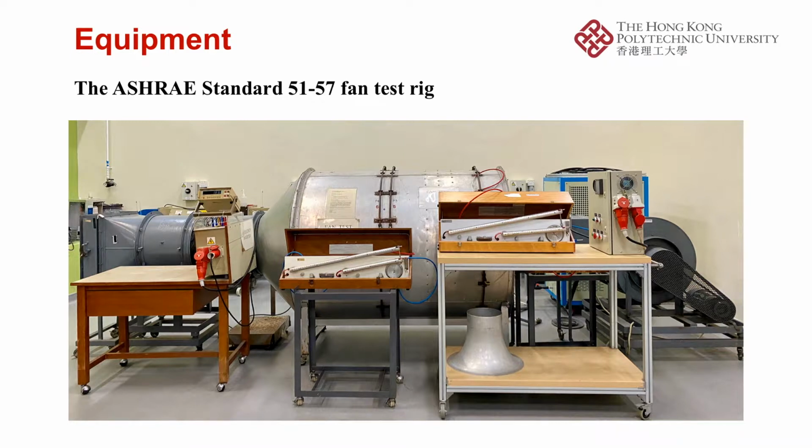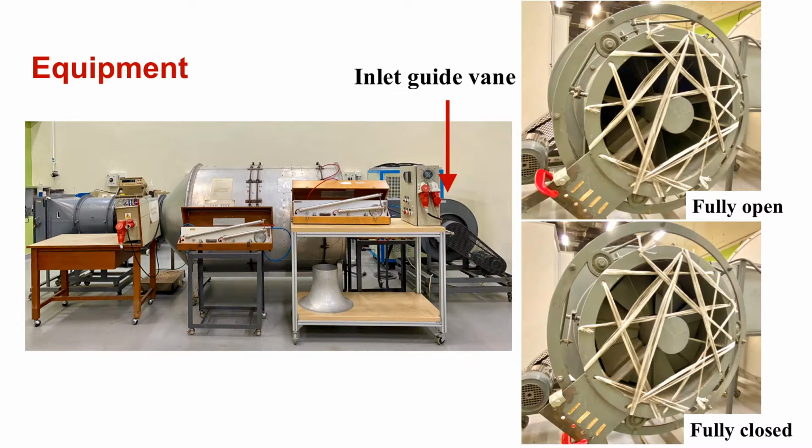According to this photo, I will introduce the equipment and the instruments in detail. The rightmost side of the test unit is the inlet guide vane. We can manually adjust its opening position, and these are pictures of its fully open and fully closed status.